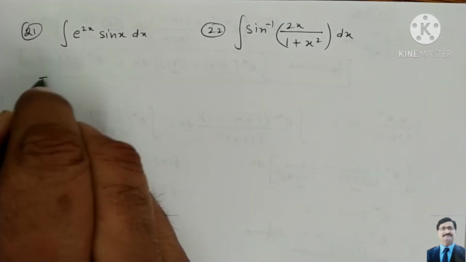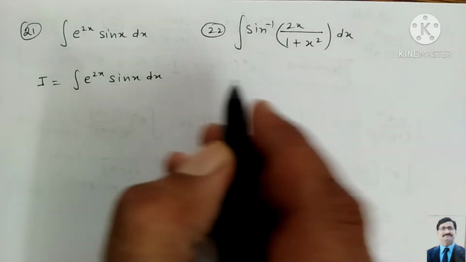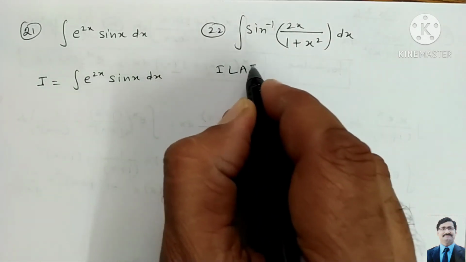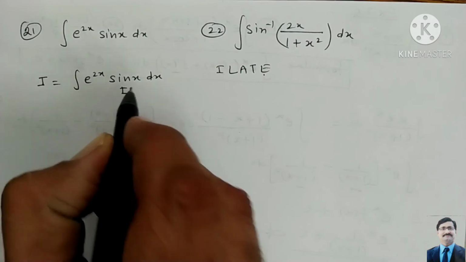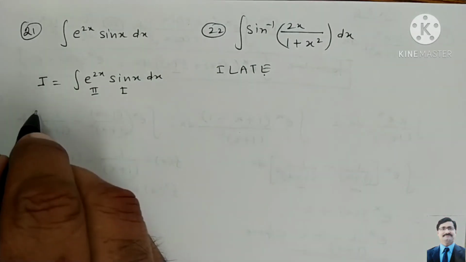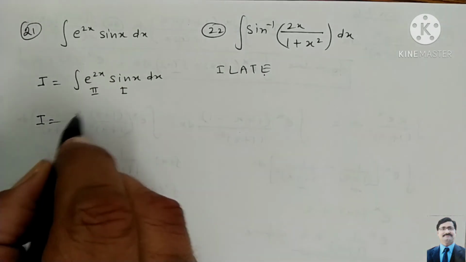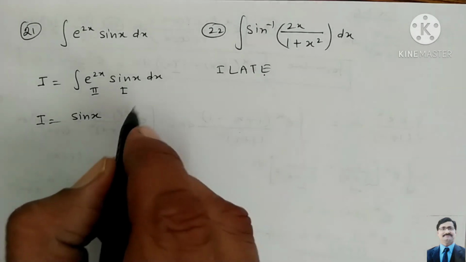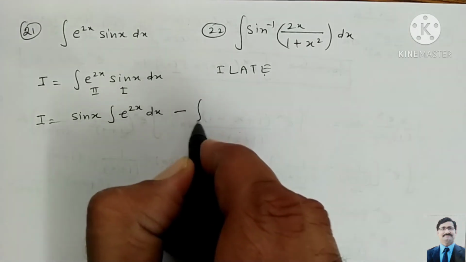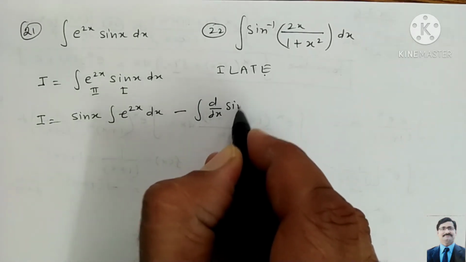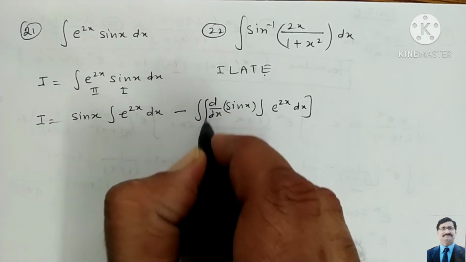Look at the first question, we will write I equal to the integral of e^(2x) sin x dx. According to ILATE, the exponential is second and trigonometric is first, so we write this first and the exponential second. So we use integration by parts. Here sin x is as it is, and e^(2x) we integrate, minus the integral of the differential of sin x and the integral of e^(2x), and whole this dx.